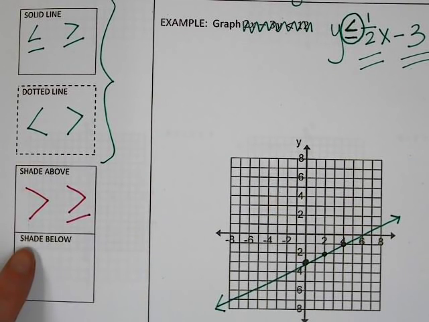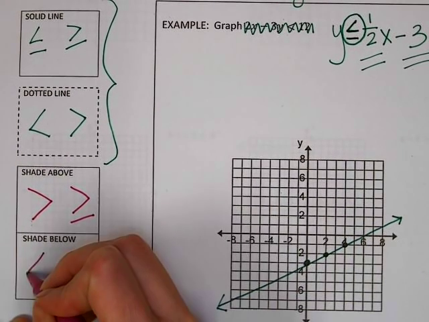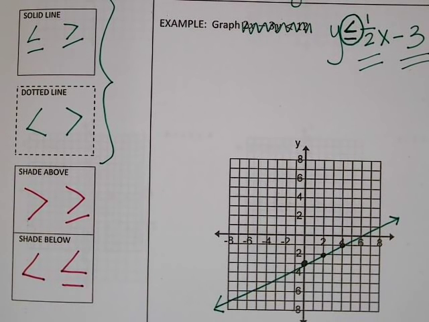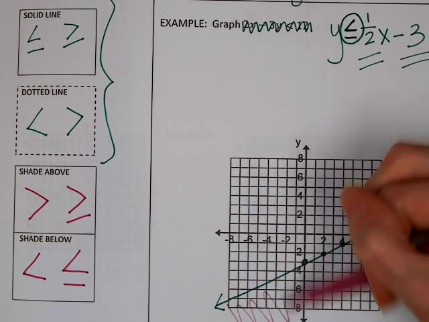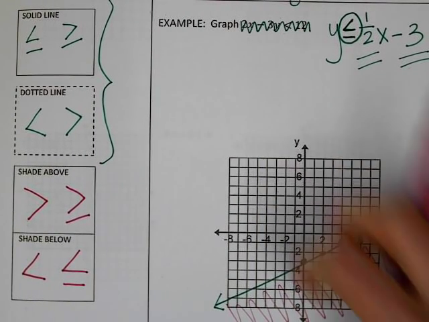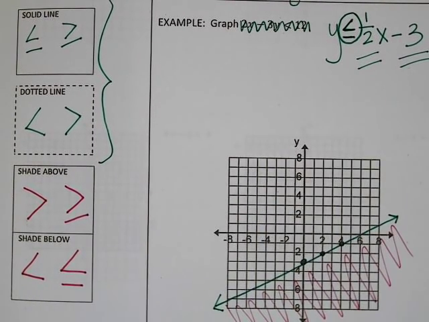And then you shade below if it's anything with a less than or equal to. So notice on this problem, this is a less than, so we're going to shade above or below. Well, less than means below. So final answer for these, it's going to be a line with one of the regions shaded. Because inequalities means tons of answers, not just one line.